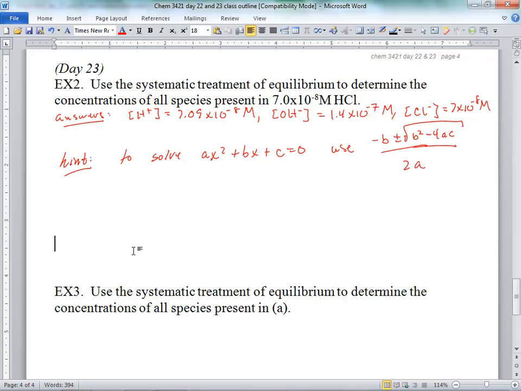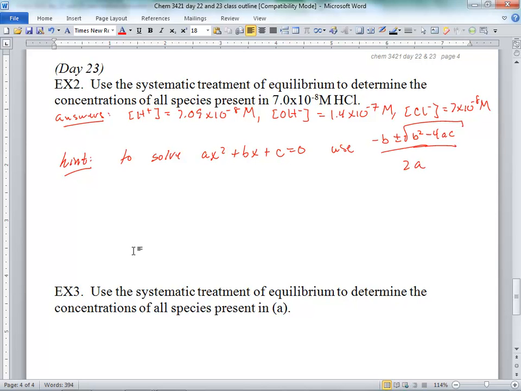Then you have Kw over OH minus, so you put Kw over OH minus right here, and multiply through by OH minus. It's going to end up looking like AX squared plus BX plus C equals 0. Just get that far, and then I'll help you out. It'll be a lot easier if you get there first.